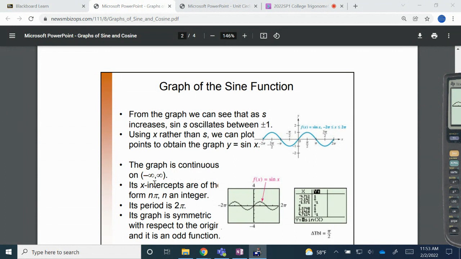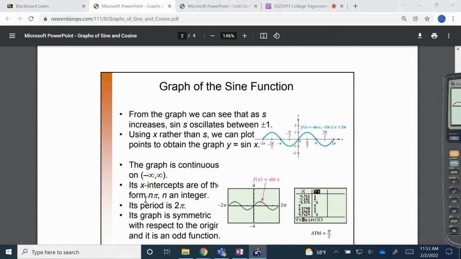The x-intercept, so keep in mind an x-intercept is where your graph crosses or touches the x-axis. They're given by this form, n times pi, where n is an integer. So keep in mind that integers are positive and negative whole numbers.